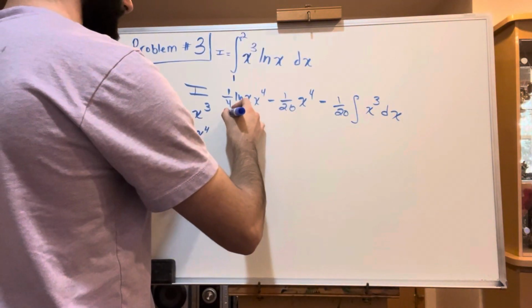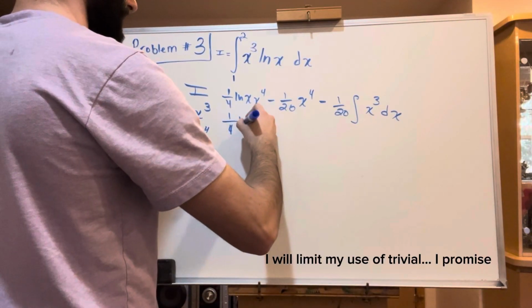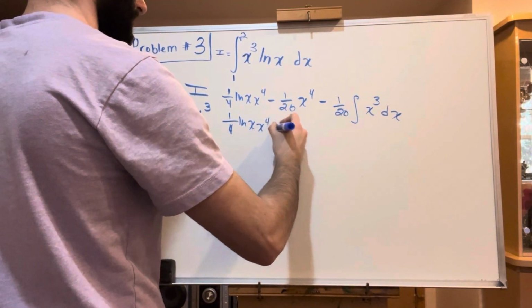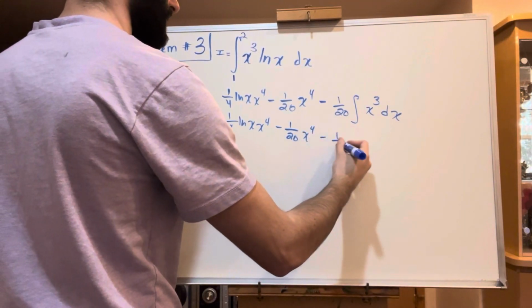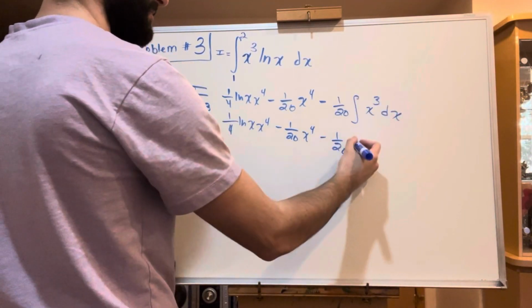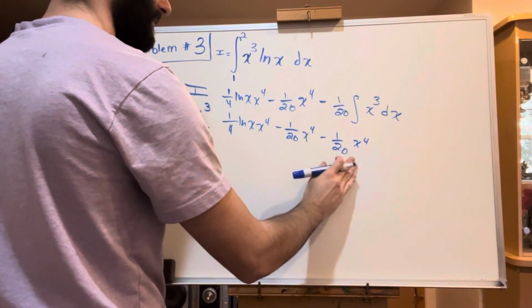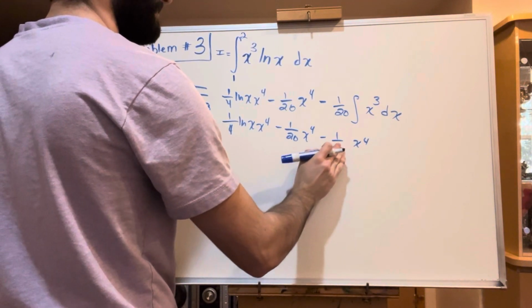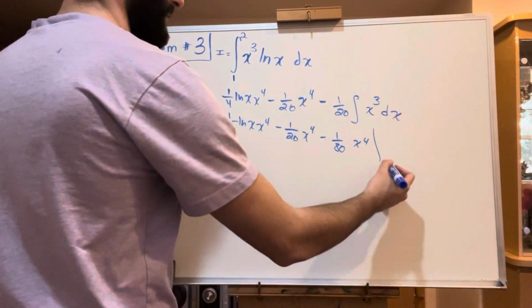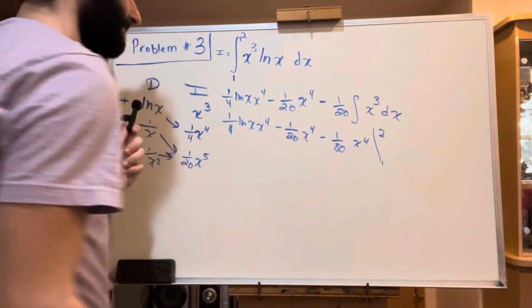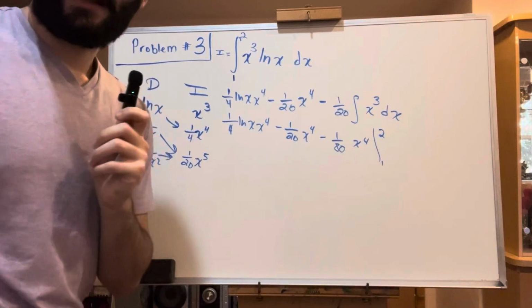Oh, that's a trivial one to solve. And we get 1/4 ln x, x to the fourth, minus 1 over 20 x to the fourth, minus 1 over 20 times x to the fourth divided by 4, which becomes 1 over 80. And all of this is evaluated from 1 to 2. And the pain begins.